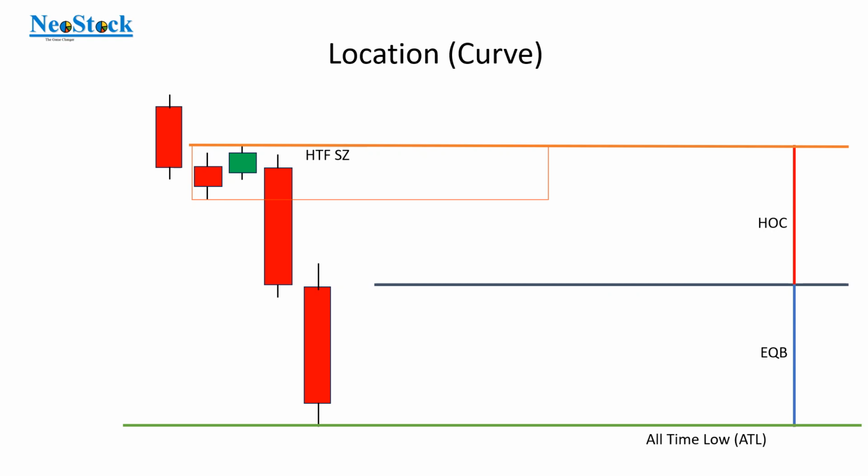At all-time high, we won't have a supply. At all-time low, we won't have a demand. That is the point you should understand. Now your decisions will be based on this location, whether to buy or sell.